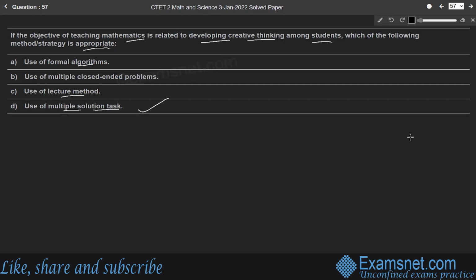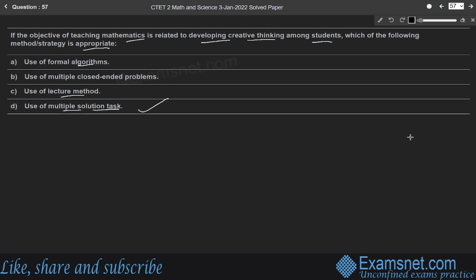Rote memorization is avoided as the question doesn't have a fixed answer. The children themselves can choose their method to solve the problem without any pressure on them. Divergent thinking in students will be enhanced as they will be inserting the solution in their method which is comfortable for them.